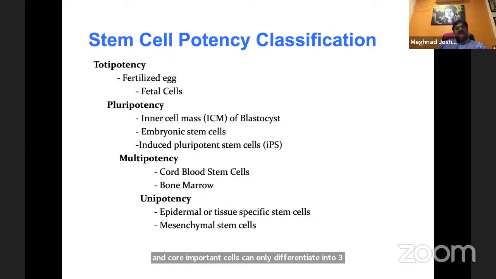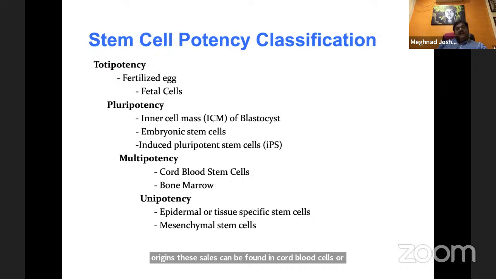Now, as the age progresses, cells become multipotent. That means they are able to differentiate into a limited progeny. Like if the cells are from ectoderm, these cells are able to differentiate into cells of ectodermal origin, or if mesodermal, into different types of mesodermal origin. These cells can be found in cord blood cells or bone marrow cells.